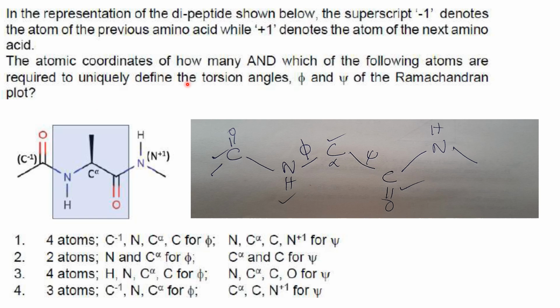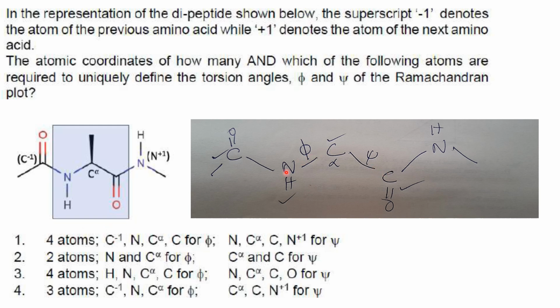The atomic coordinates of how many and which of the following atoms are required to uniquely define the torsion angles psi and phi of the Ramachandran plot. Now totally how many atoms? 1, 2, 3, 4. 4 atoms are involved.